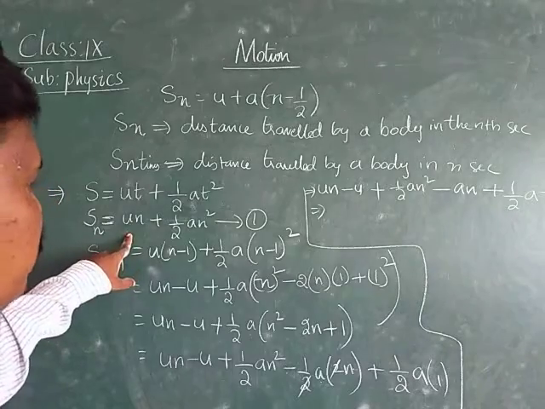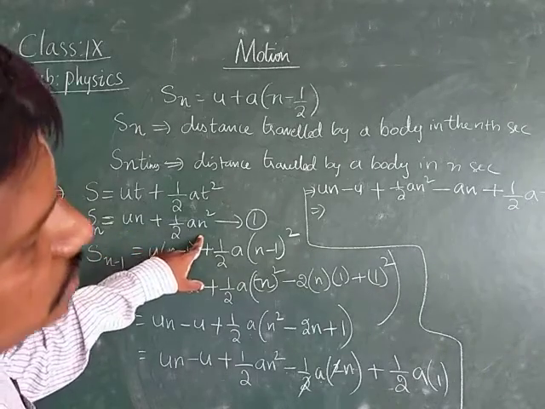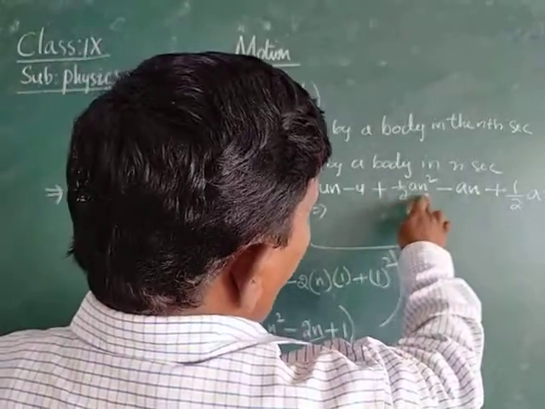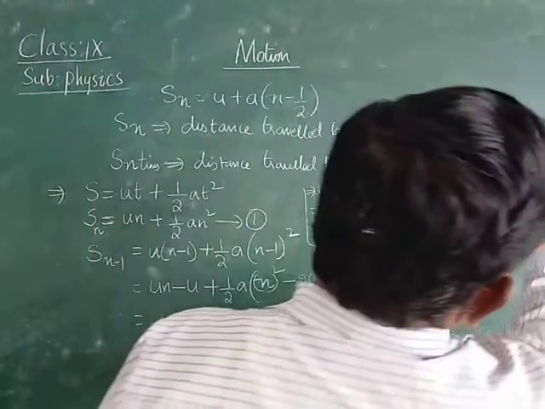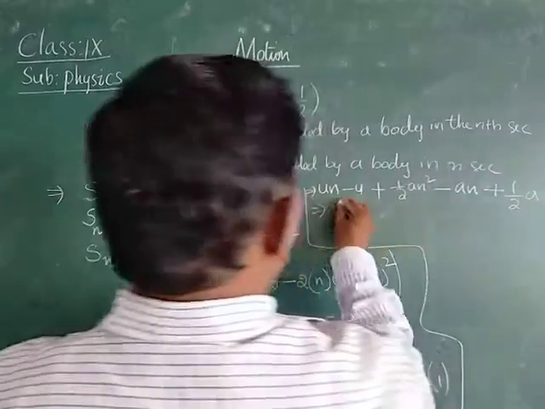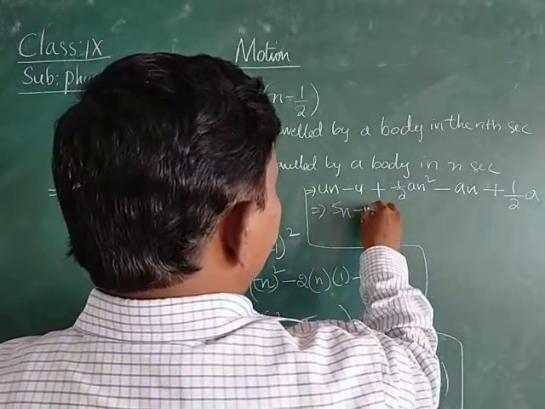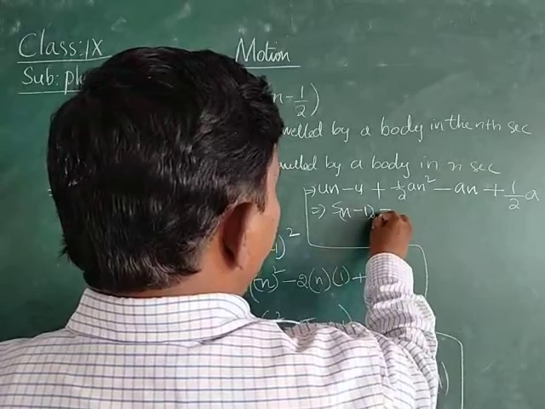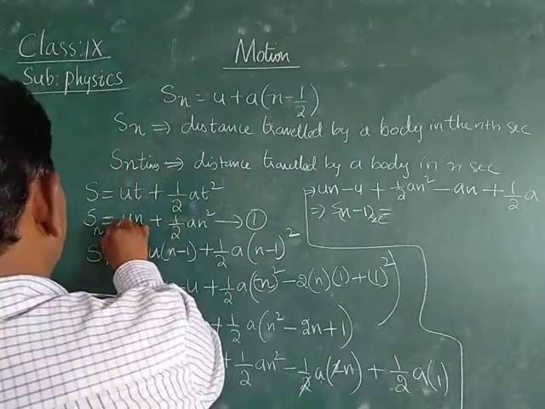So here this is the first equation, un + ½an². The second equation is un − u + ½an² − an + ½a. Okay. What is this one here? Sn−1, that is, Sn−1 seconds. This is Sn seconds.